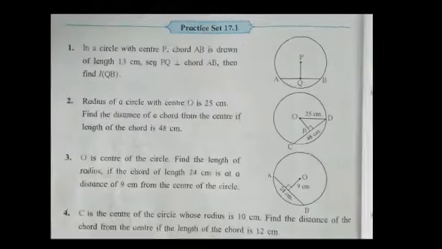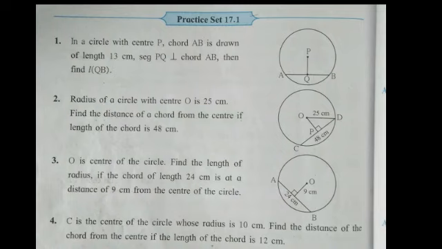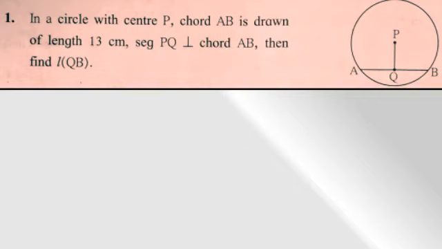Now students, let's see practice set number 17.1, which is given on page number 116. Let's see question number 1. In a circle with center P, chord AB of length 13 cm is drawn. Segment PQ is perpendicular to chord AB.